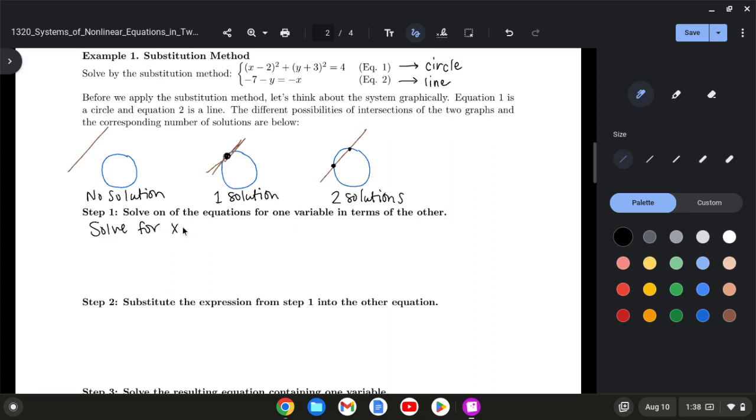We just have one step. Our equation is negative 7 minus y equals negative x. Well, x is by itself, but the only problem is it's negative x. So in order to make this positive, I'm going to multiply by a negative 1 on both sides.